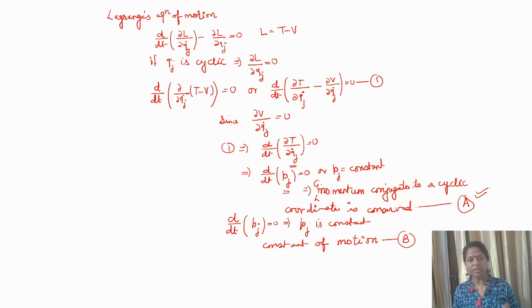It says that momentum conjugate to a cyclic coordinate is conserved. We are not saying whether the motion corresponding to the cyclic coordinate is translation or rotation. We are just simply saying that momentum conjugate to a cyclic coordinate is conserved.